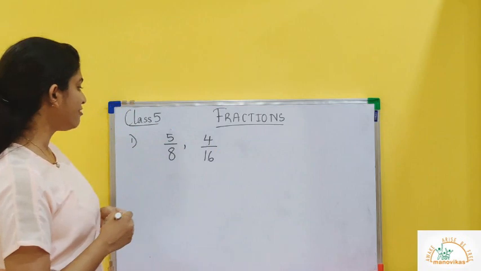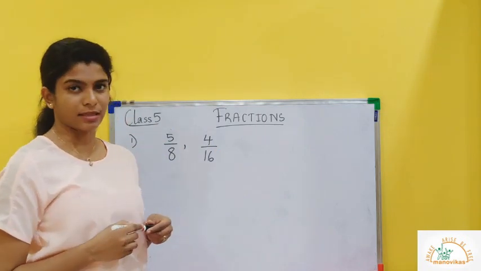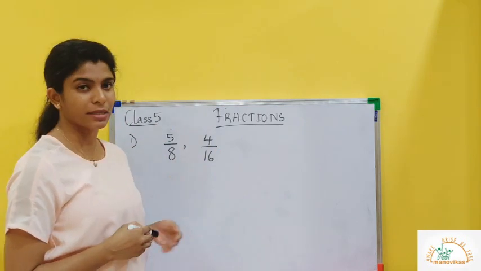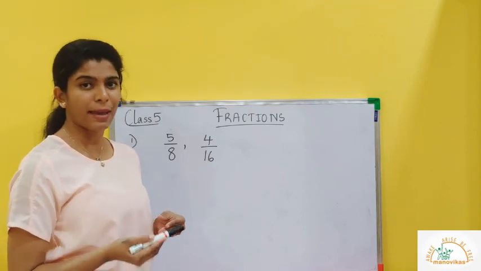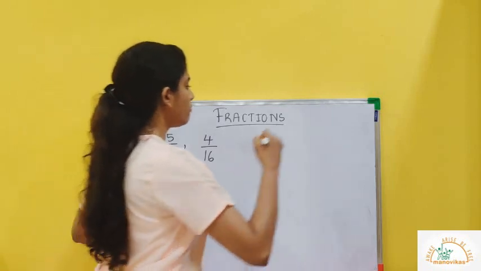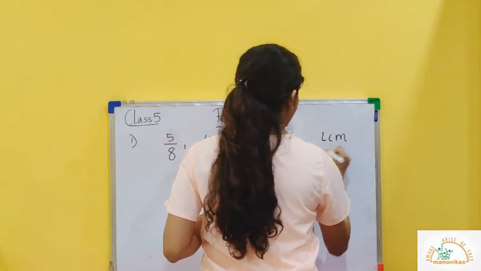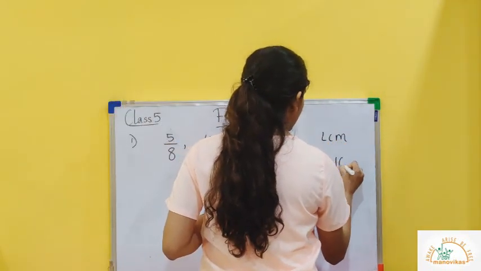For example, 5 upon 8, 4 upon 16. If you see here, we have different denominators. Here first we have to find the LCM, change them and then compare. So now we will find the LCM of 8 and 16.